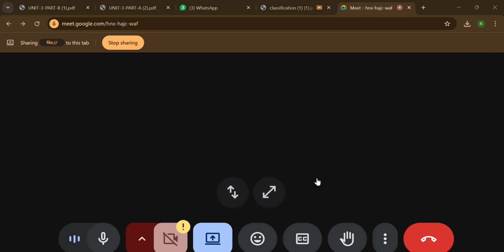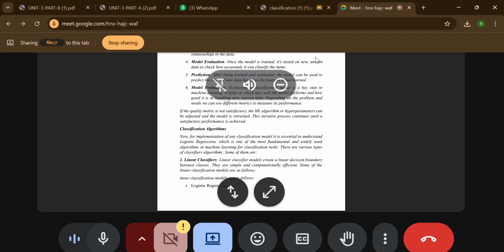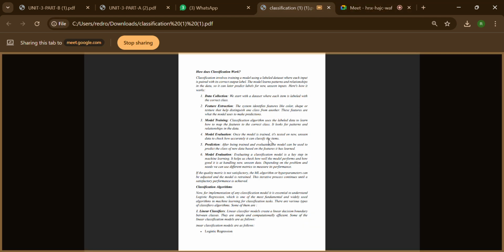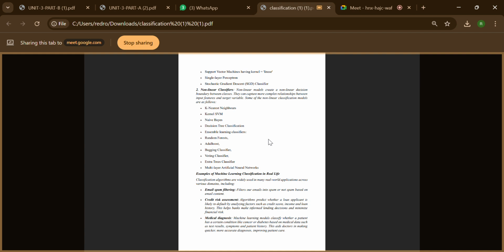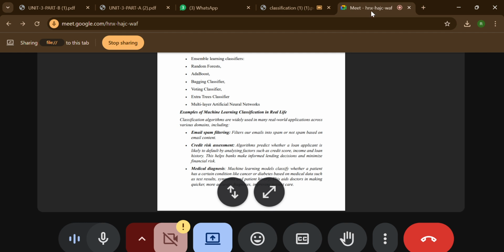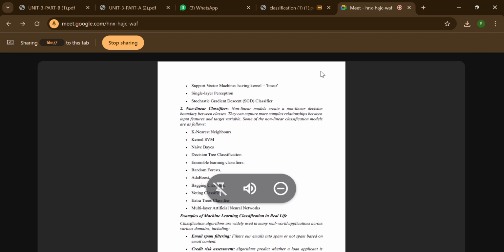Examples of linear classification algorithms include support vector machine, SVM, single layer perceptron, SGD classifier, logistic regression.